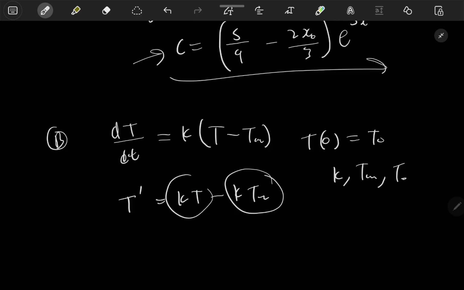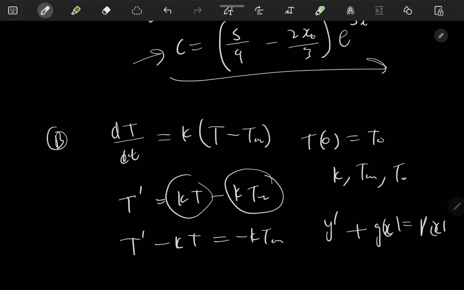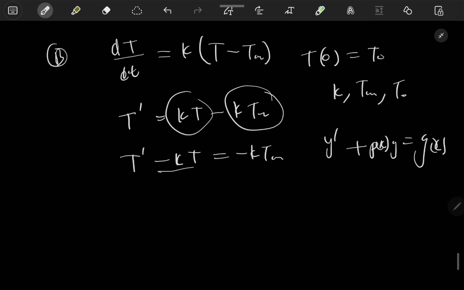But this one has the T, so I can take it to the other side: T prime minus kT equals negative k Tm. This is a constant, so this looks like y prime plus p of x y equals some g of x. I swapped them, but this is the function we want. So our p of x in this case is this one. So we can say mu has to equal e to the integral of negative k dt, almost said dx.